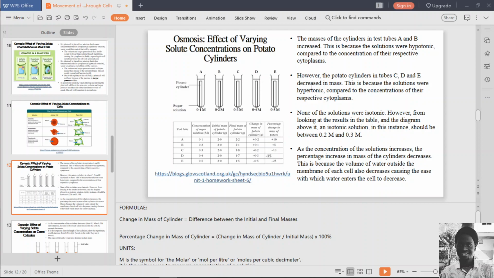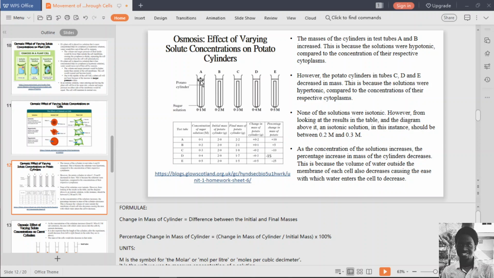That would cause their mass to decrease. That is why for these three cylinders you had percentage decreases in mass, because water left the cells of the cylinders and entered the hypertonic solution, causing the mass of the cells to decrease.